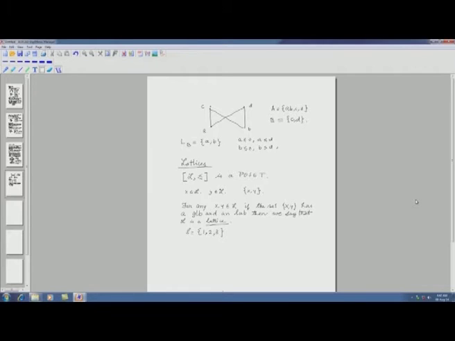The Hasse diagram corresponding to the poset defined by using the subset equal relation is this.